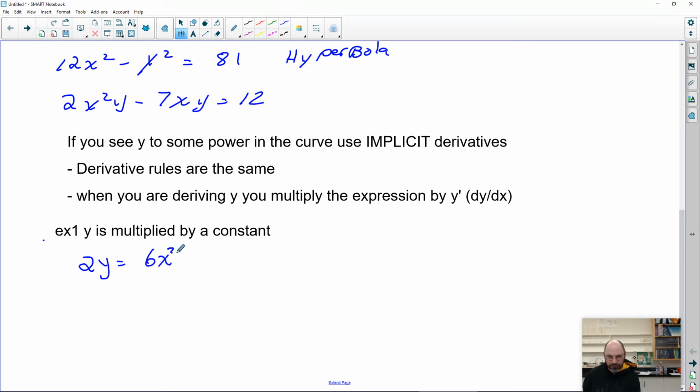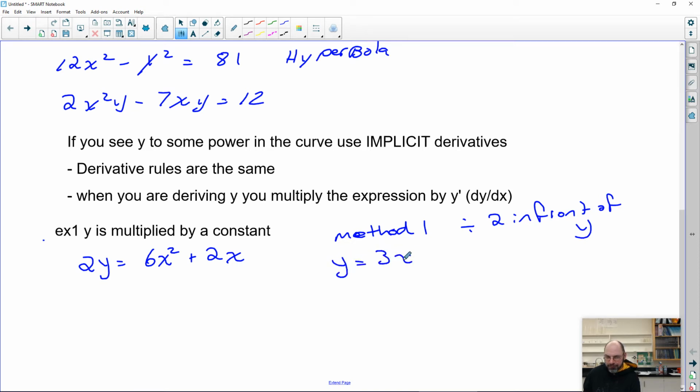Method 1, divide out the constant. You could divide by 2, you get y equals 3x squared plus x. And if you do the derivative, y prime is going to be 6x plus 1.